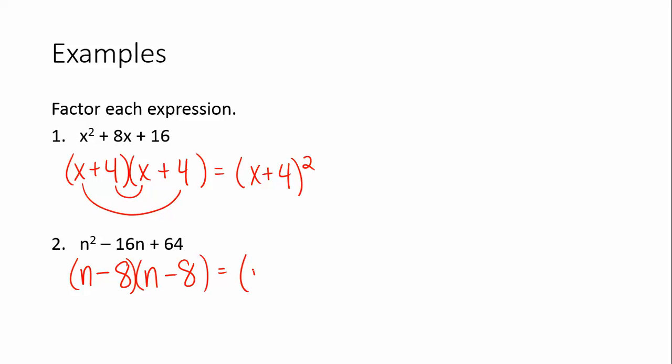And again, you can write that as n minus 8 quantity squared. The 8 is coming from the square root of 64, just as the 4s came from the square root of 16. This only works on perfect square trinomials when your two factored binomials will be identical.